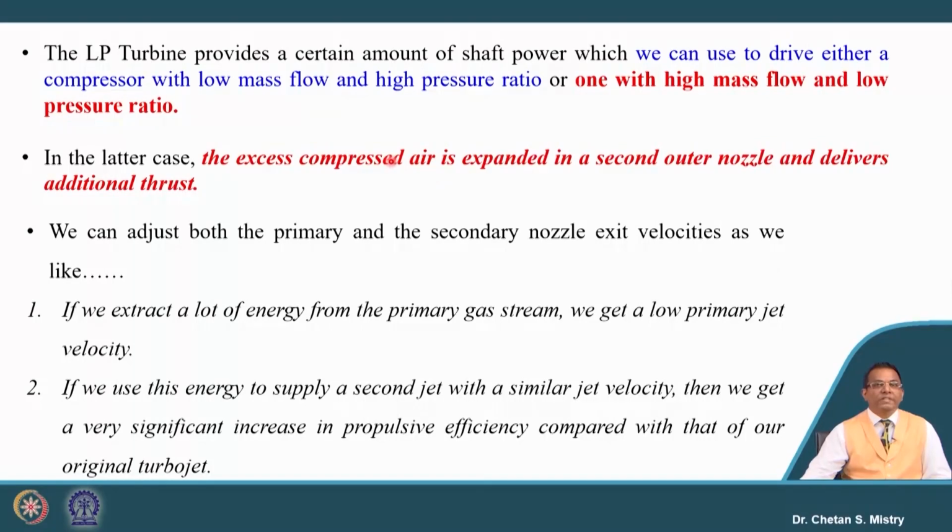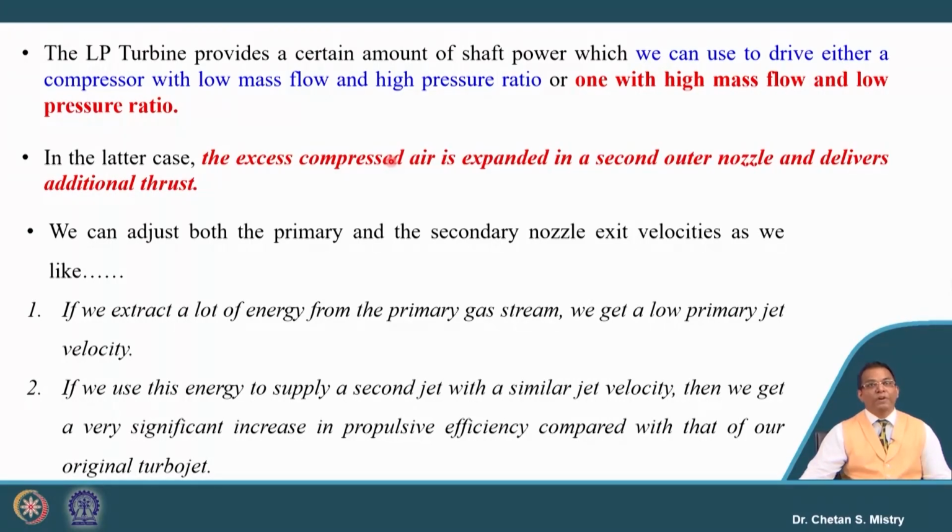When we are having an LP turbine, for this LP turbine we will be putting an additional stage in the LP turbine. So, it will be extracting energy from that LP turbine. So, at the exit of the LP turbine my enthalpy will be lower, and that enthalpy that will be entering inside the nozzle will lead to a lower exhaust velocity.